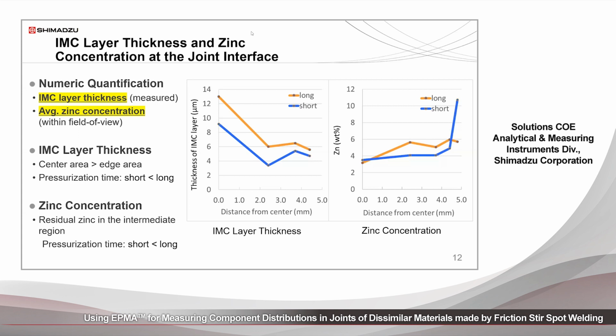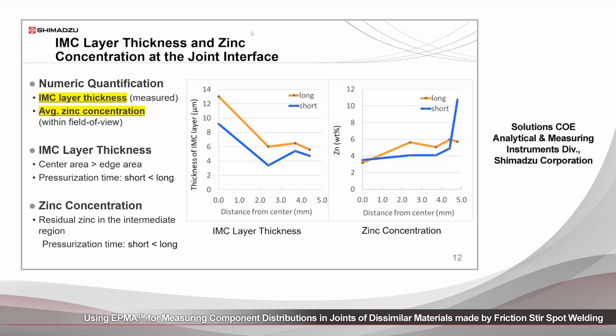As you get closer to the center of the weld, for both the long and the short pressurization times, the thickness increases, or in other words, the thickness of the IMC layer is at its maximum at the center of the weld.